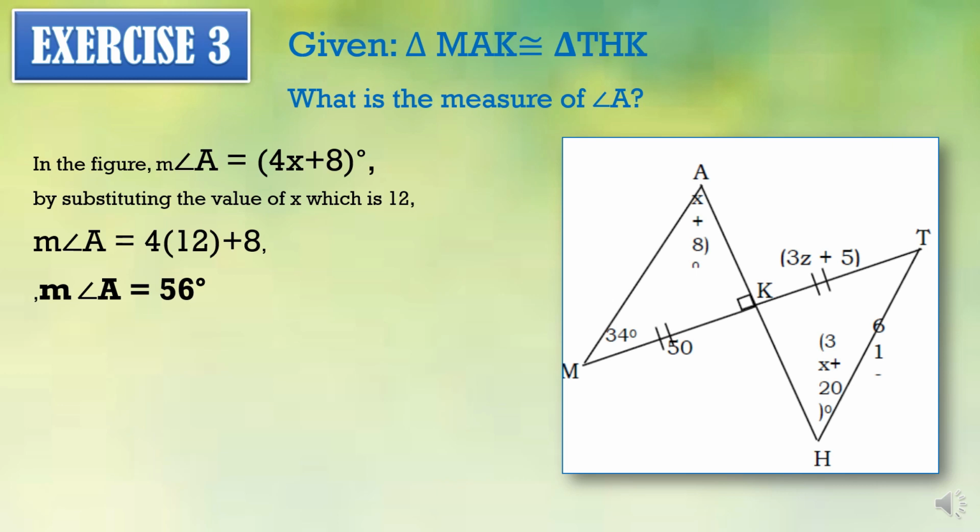We just have to add the measure of each angle of the given triangle and make sure that it is equal to 180 degrees. So, in the given triangle MAK, angle A is equal to 56 degrees. Sorry for my writings. Then, angle M is equal to 34 degrees.